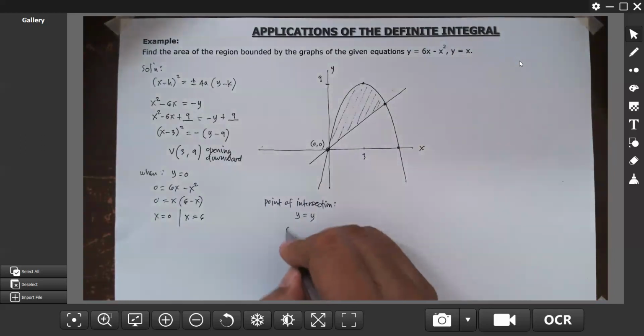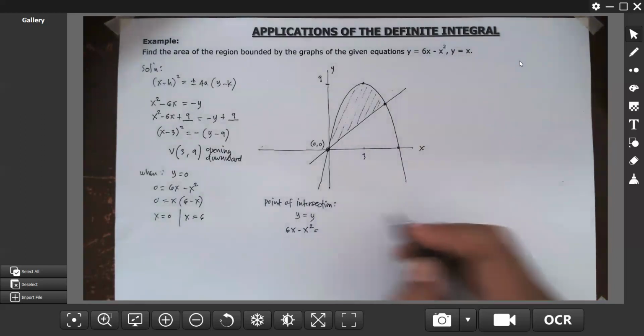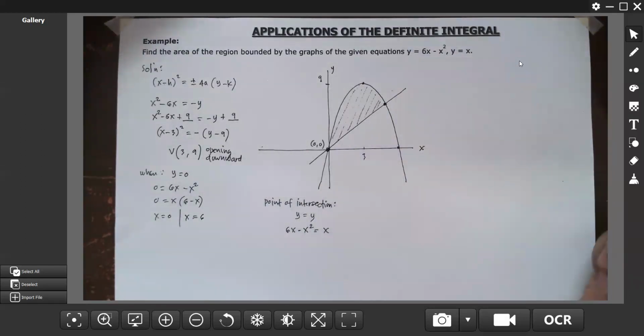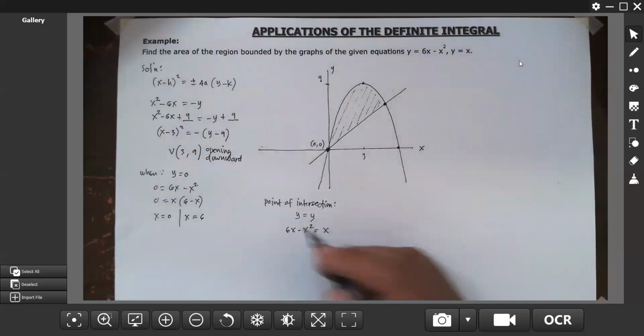So you have 6x minus x squared equals x. Transpose, you have 5x minus x squared, and you have x times (5 minus x).